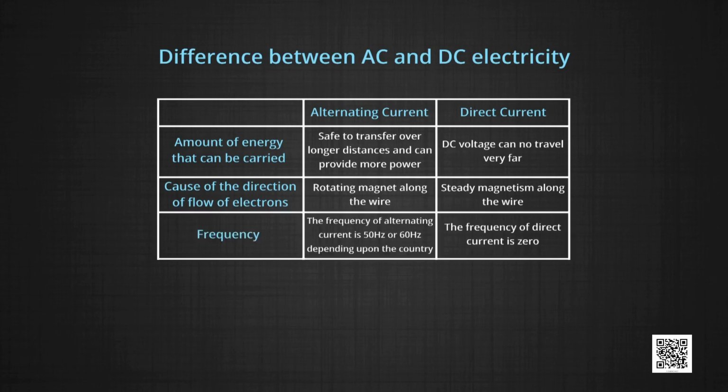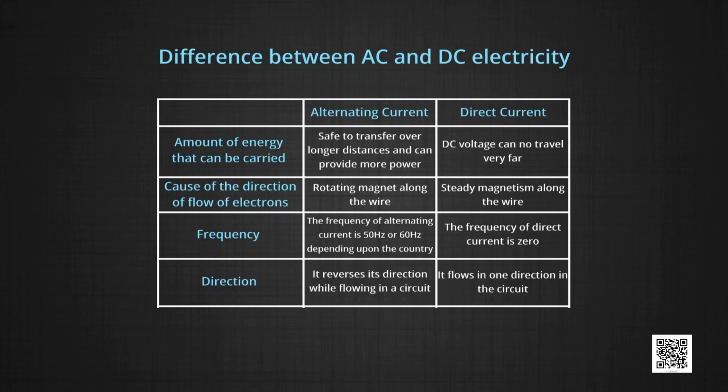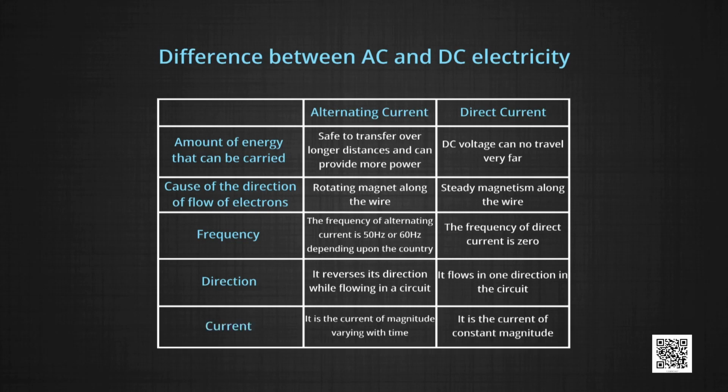If we see the frequency, in case of AC it is between 50 or 60 hertz, and in case of DC, it is 0. If we talk about the direction, in case of AC, it reverses, and in case of DC, it is unidirectional. If we talk about the current, the magnitude of the current varies with time for AC, and in case of DC, it remains constant.